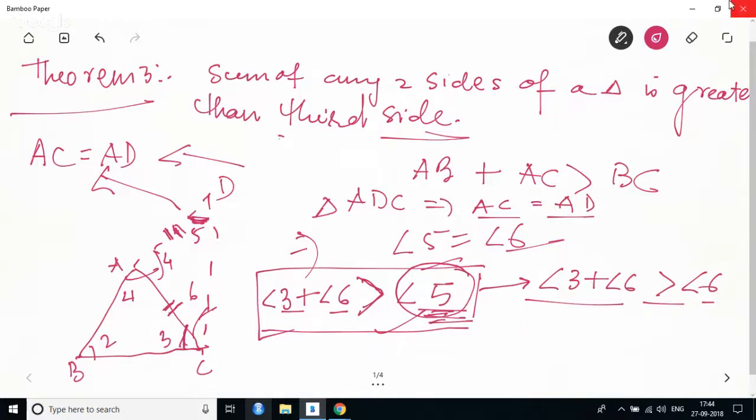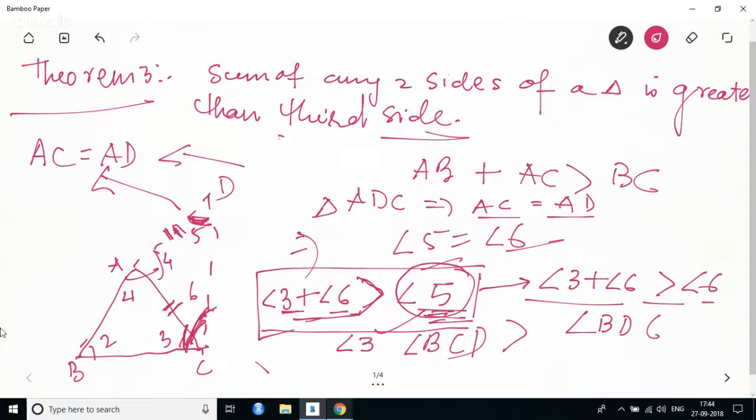As simple as that. So from here I can say that angle 3 plus 6, which is this complete angle BCD, would be greater than this complete angle BDC. So it is telling me, what is the side opposite to BCD?